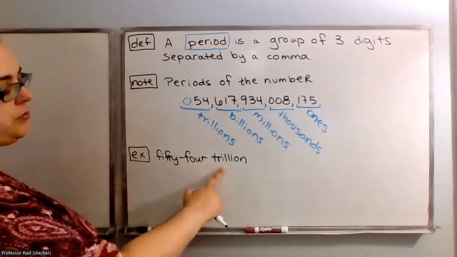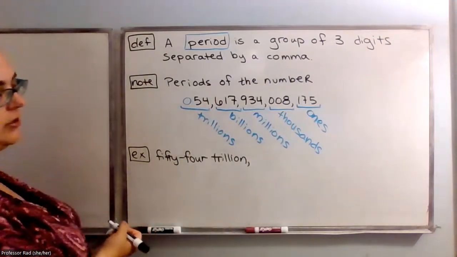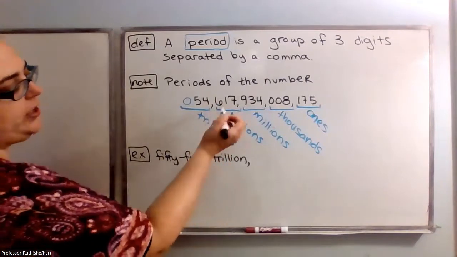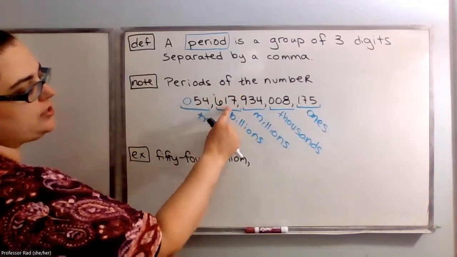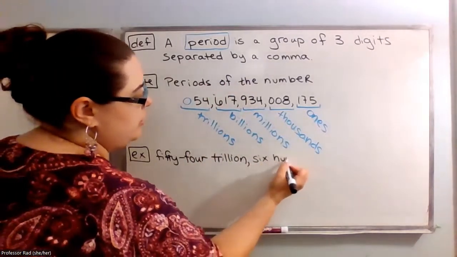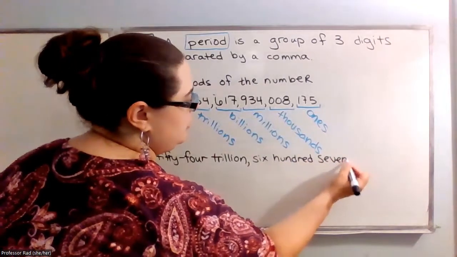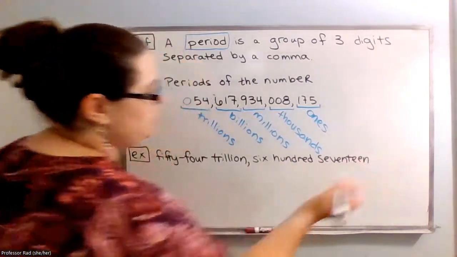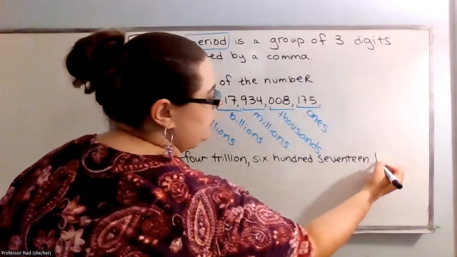So we have 54 trillion. And then because there's a comma in the number, we'll put a comma here. Then we look at this number here. This is 617. So we will write 617. And this is in the billions period, so we'll write out billion.